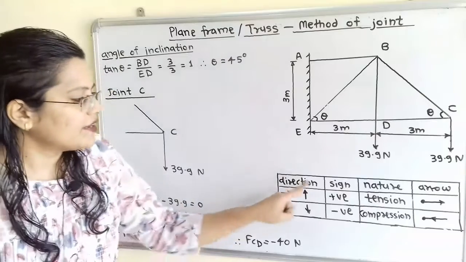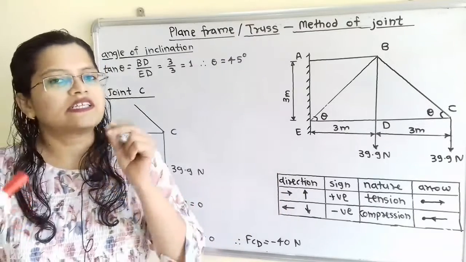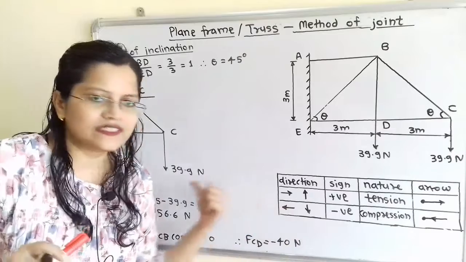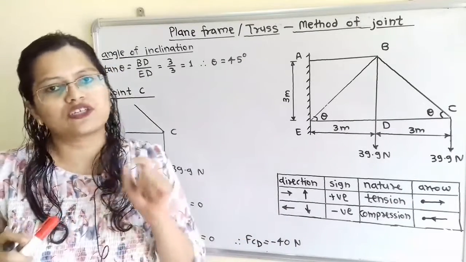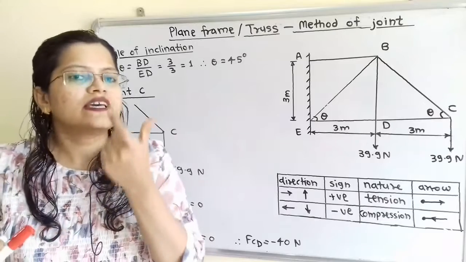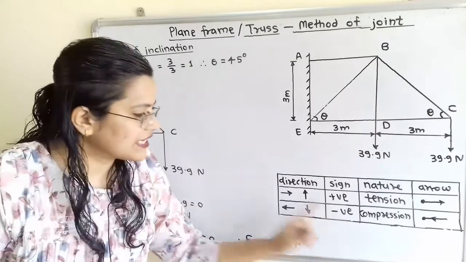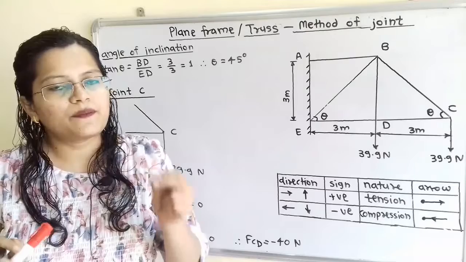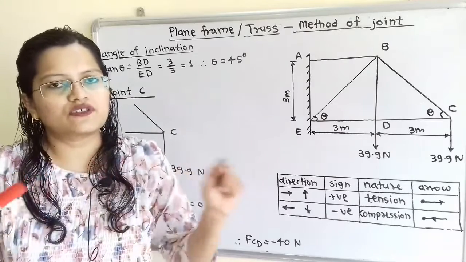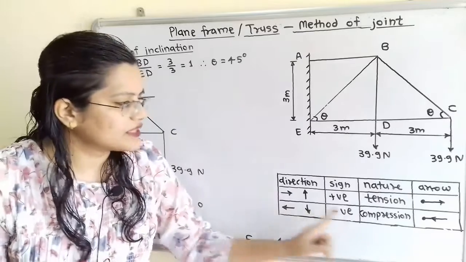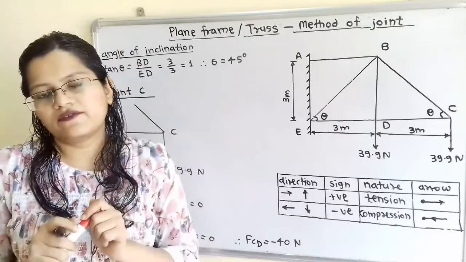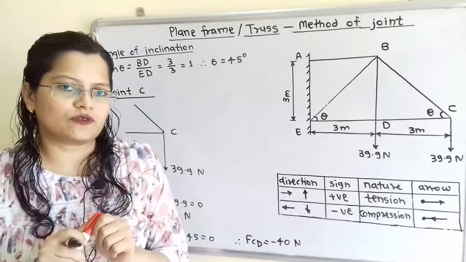In the same way, we have to consider the direction in the forces towards left hand side for horizontal forces and in the downward direction for vertical forces, then we have to consider negative sign. And suppose we calculate the summation of all these forces and answer is negative, then the nature of that force is compression force.